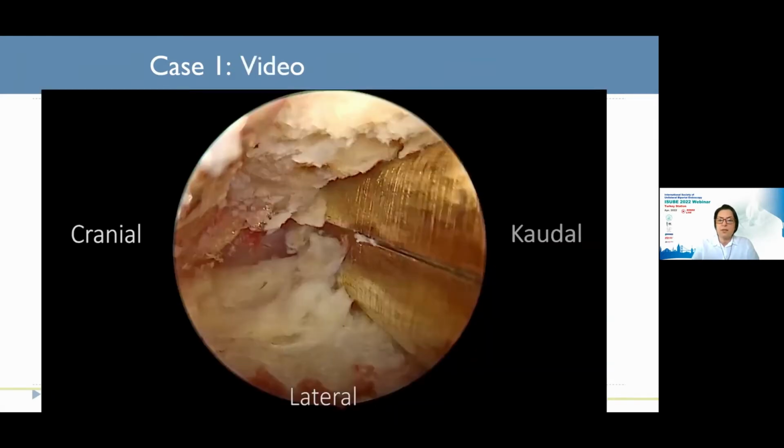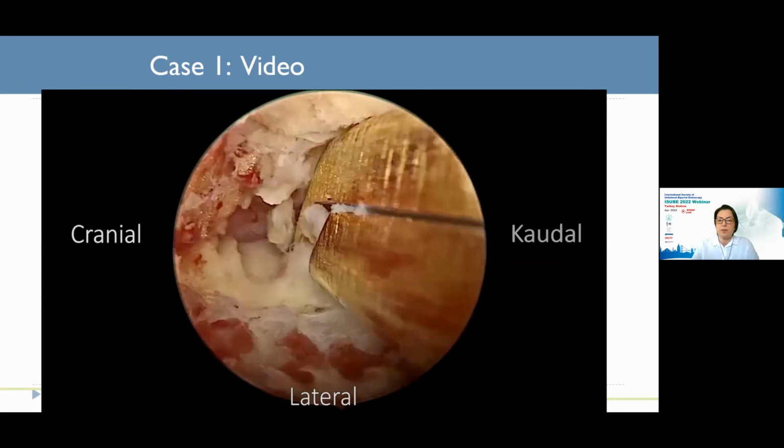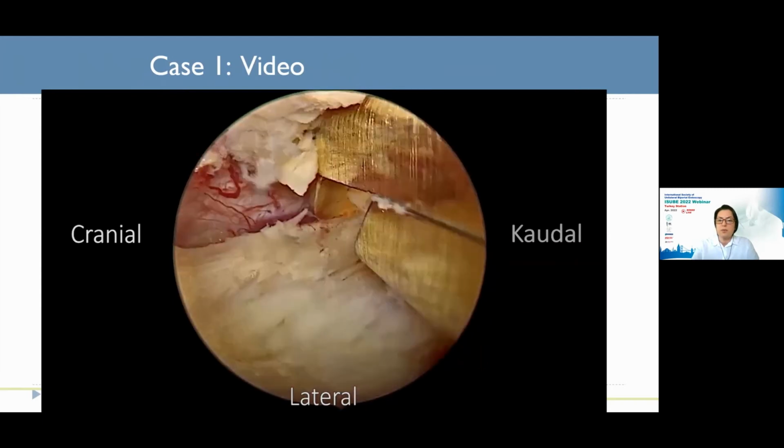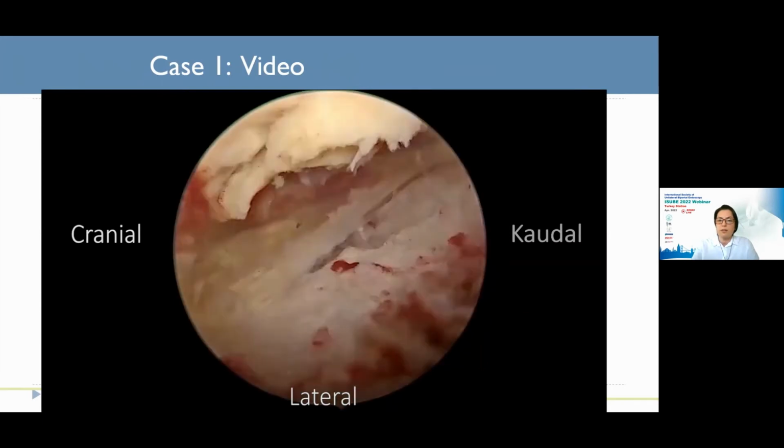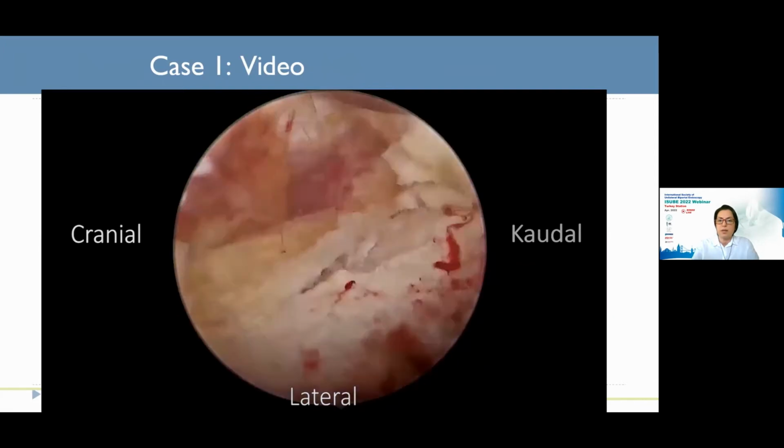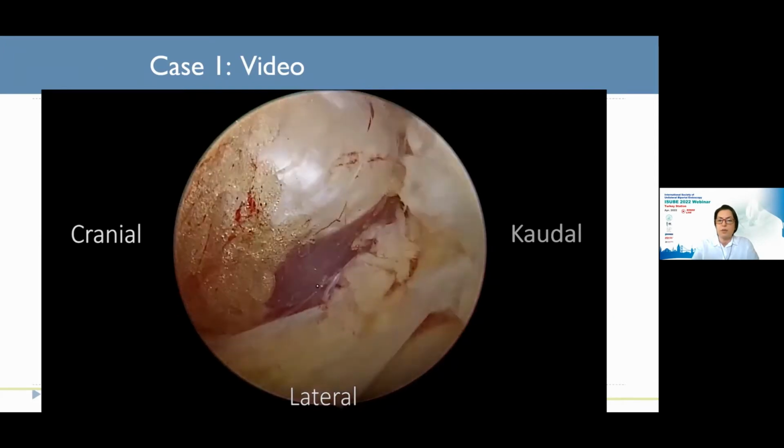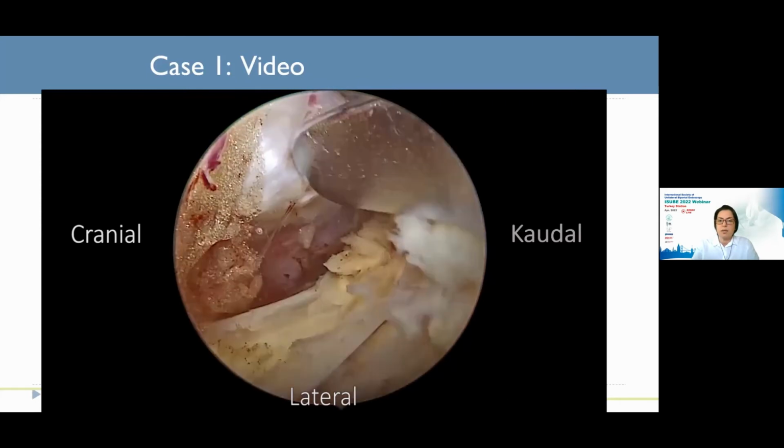Here you can see this intraoperative video. This intraoperative video shows us the rupture disc removed. At the end of the UBE, we can see discectomy done well.